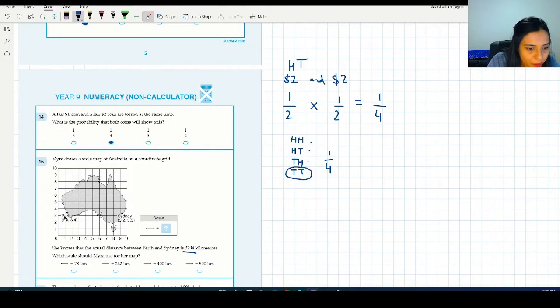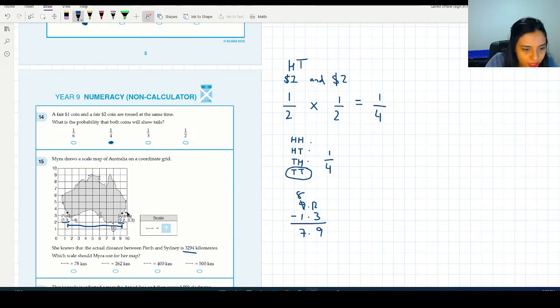So on the map, the distance is from 1.3 to 9.2. So if we get what this distance is, we can do 9.2 minus 1.3. So that's 7.9 horizontally, and vertically the distance is 3.4 minus 3.1.